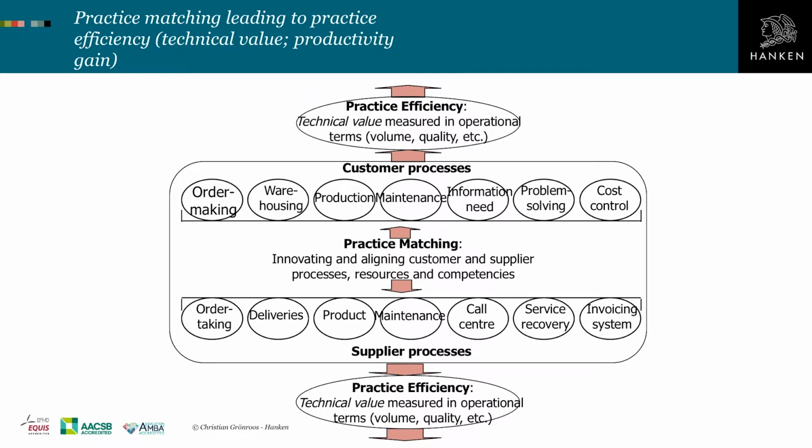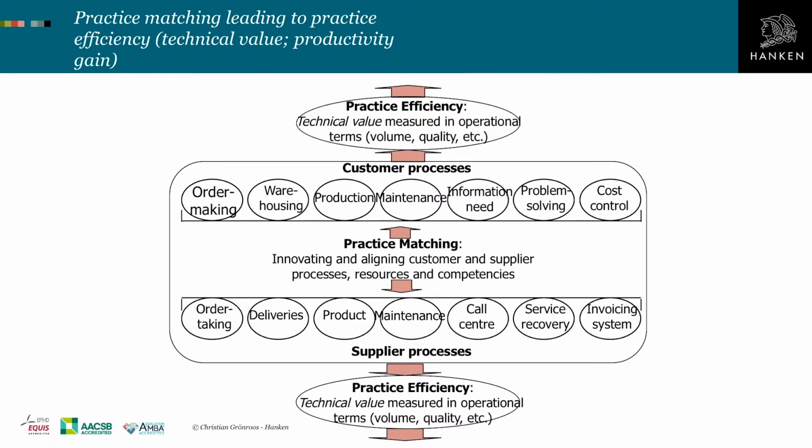Now, if we are to develop a functioning relational business which will give a good return, we have to make sure that the supplier processes match the customer processes. That's called practice matching in the middle. It is a matter of innovating, aligning customer and supplier processes, resources and competencies so they match each other better from an economic or commercial point of view.